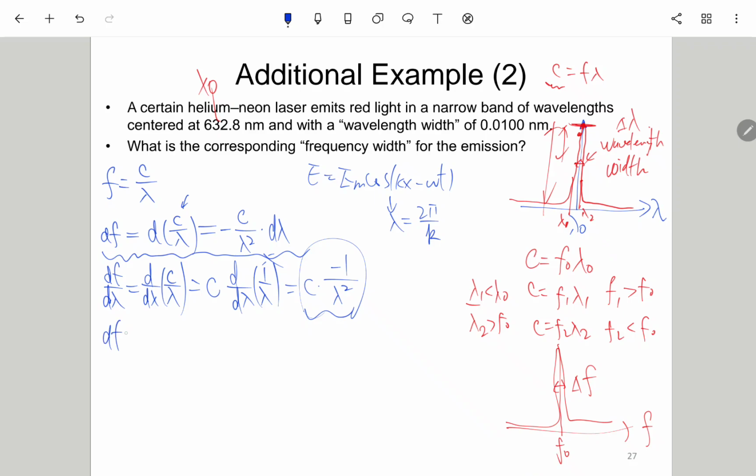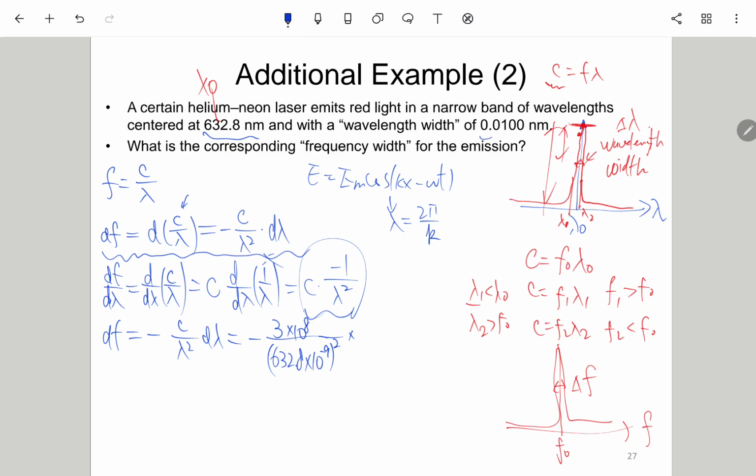So we have df equals negative C over lambda squared d lambda, and then we have 3 times 10 to the 8th power, which is the speed of light, over lambda square. Lambda is this one, so 632.8 times 10 to negative 9th, square, and then times d lambda.